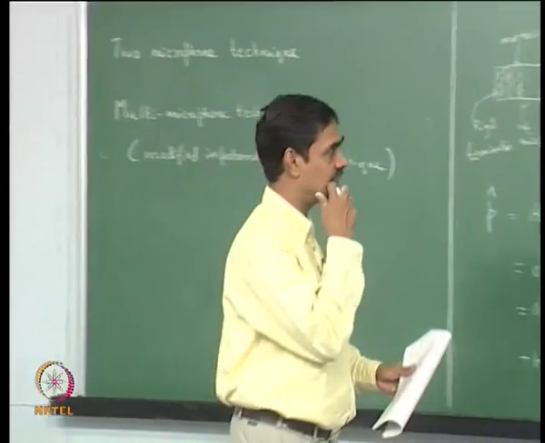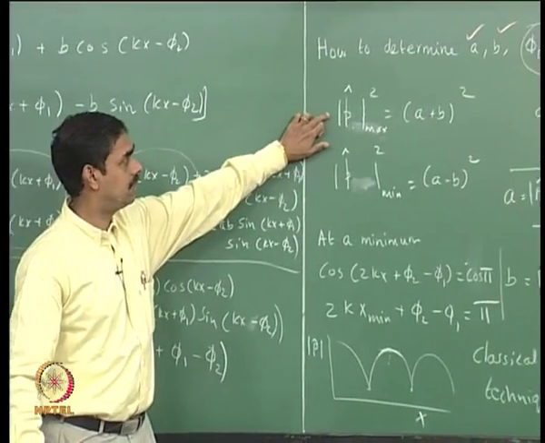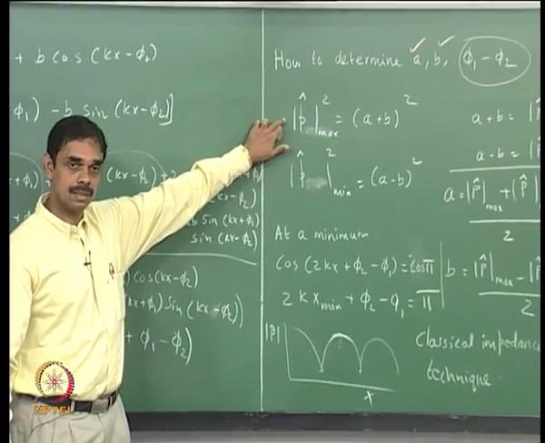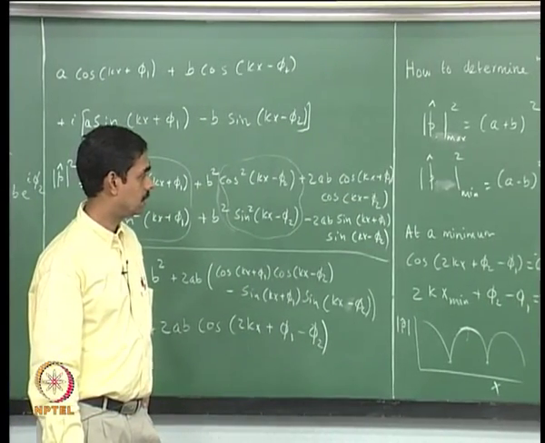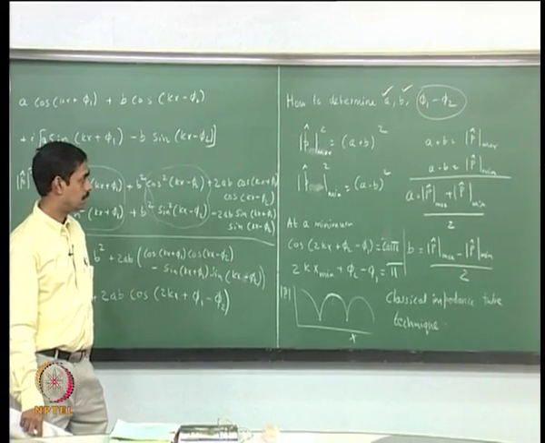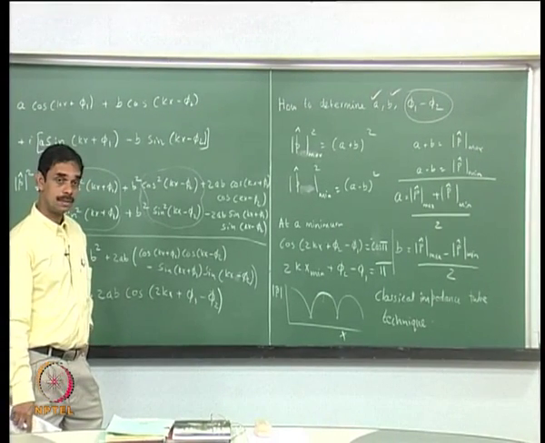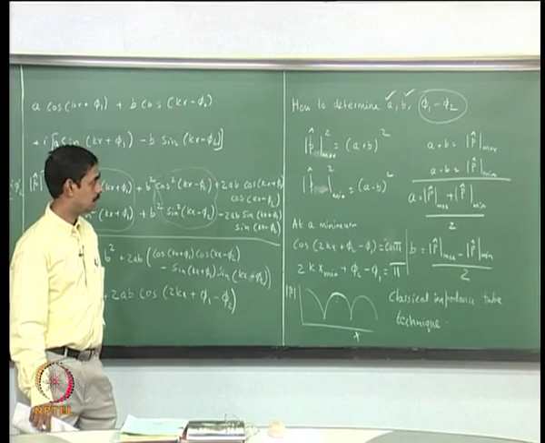You are saying that if I take the minus sign here, P min square is A minus B whole square, so P min can be B minus A instead of A minus B. In that case, B will be P max plus P min by 2, and A will be P max minus P min by 2.